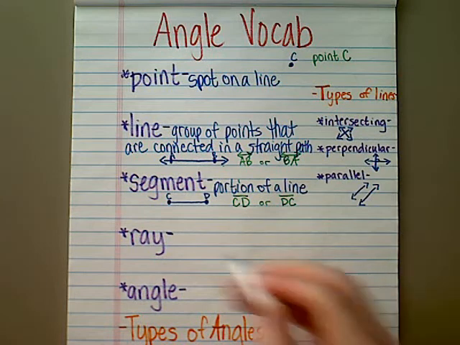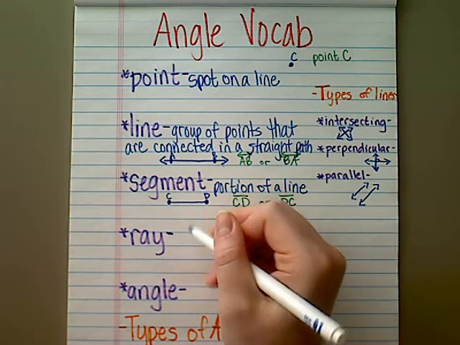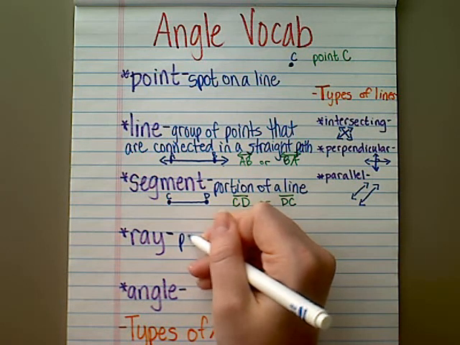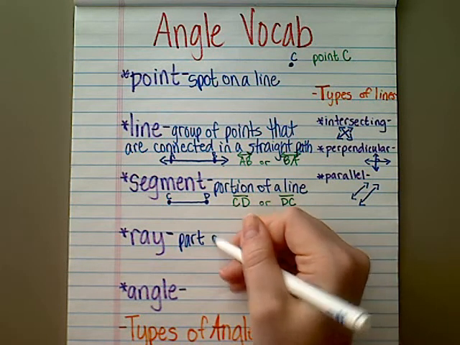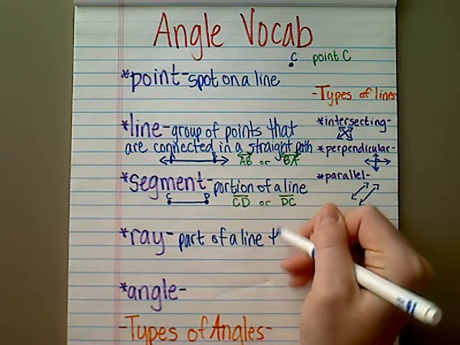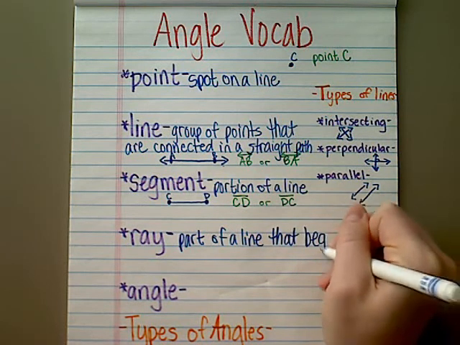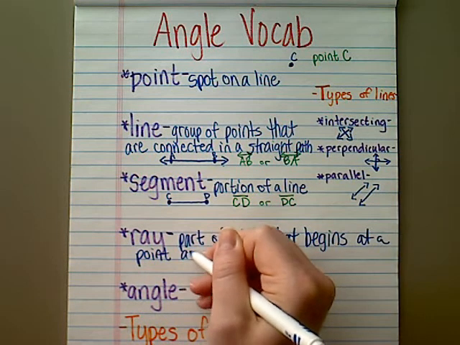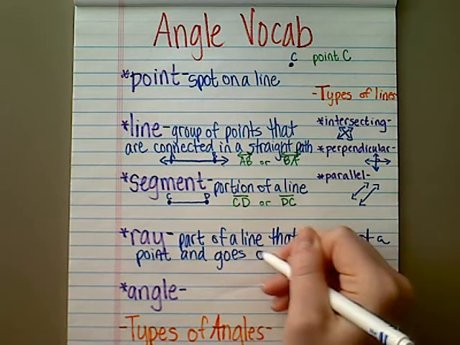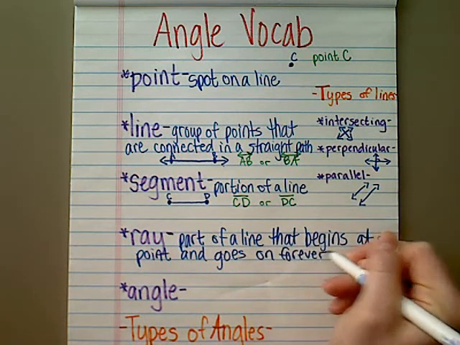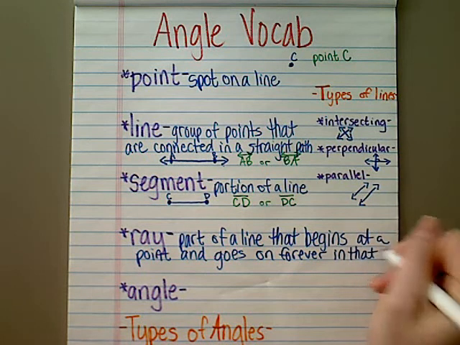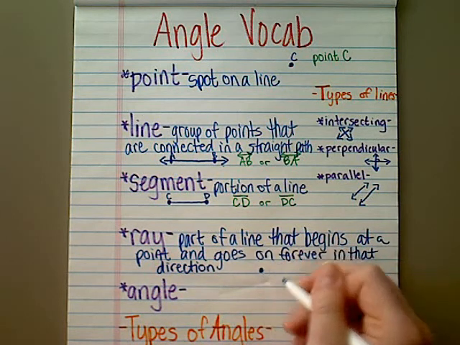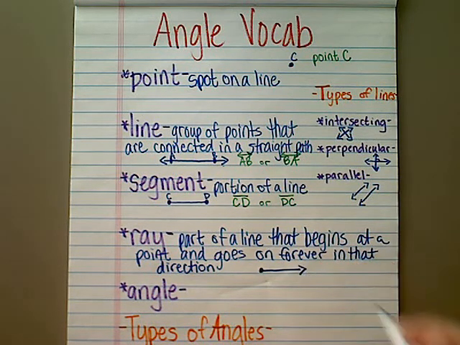And a ray is a part of a line as well, just like a segment, but instead the ray starts at 1 point and goes on forever in that direction. So we would draw that endpoint and then show that it is going on forever.